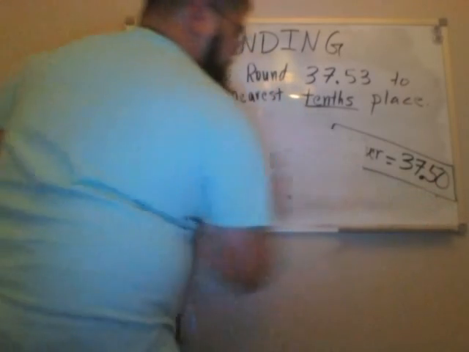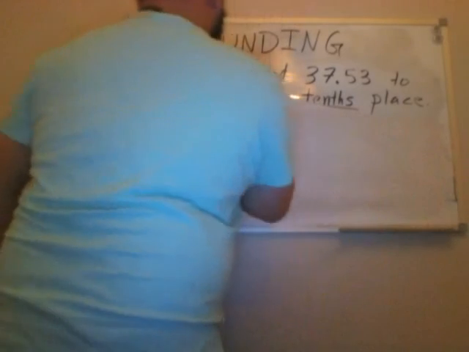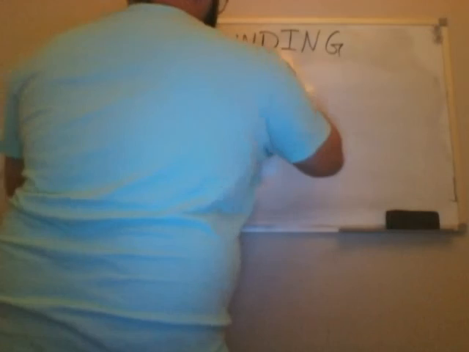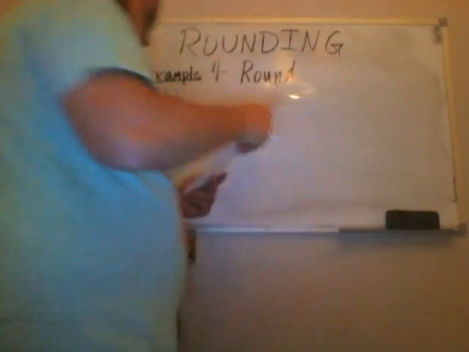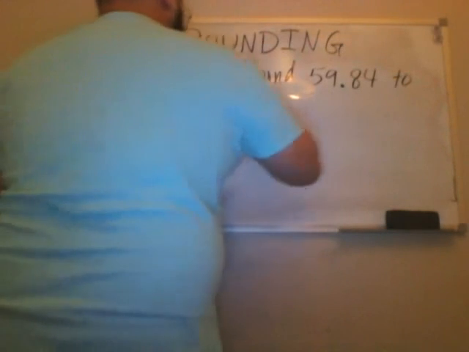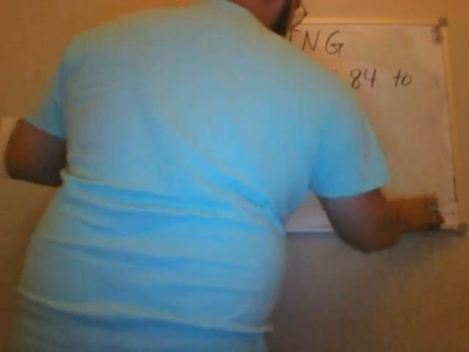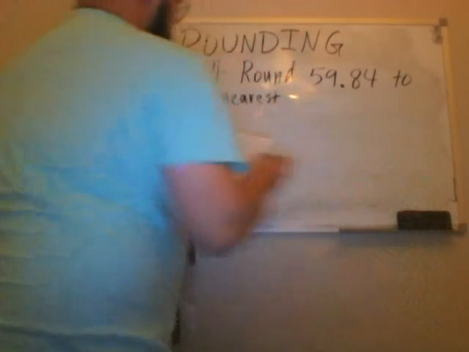All right, we're going to do one more example. Let's do number 4. Round 59.84 to the nearest, well, let's do it like this because we've been talking about these.